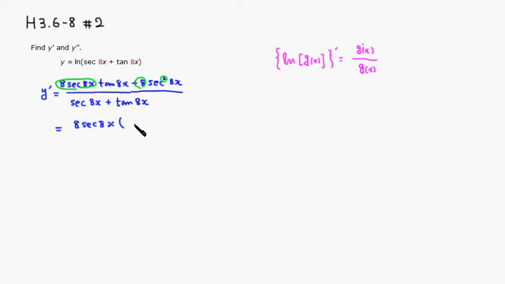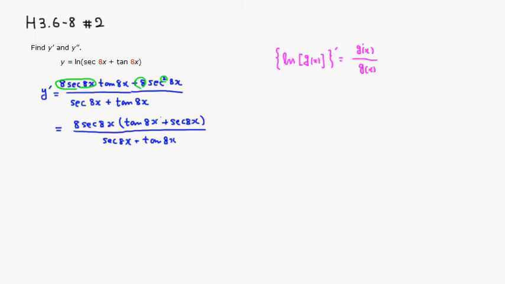All right, so we're going to have a tangent of 8x plus secant of 8x, divided by secant of 8x plus tangent of 8x, right?